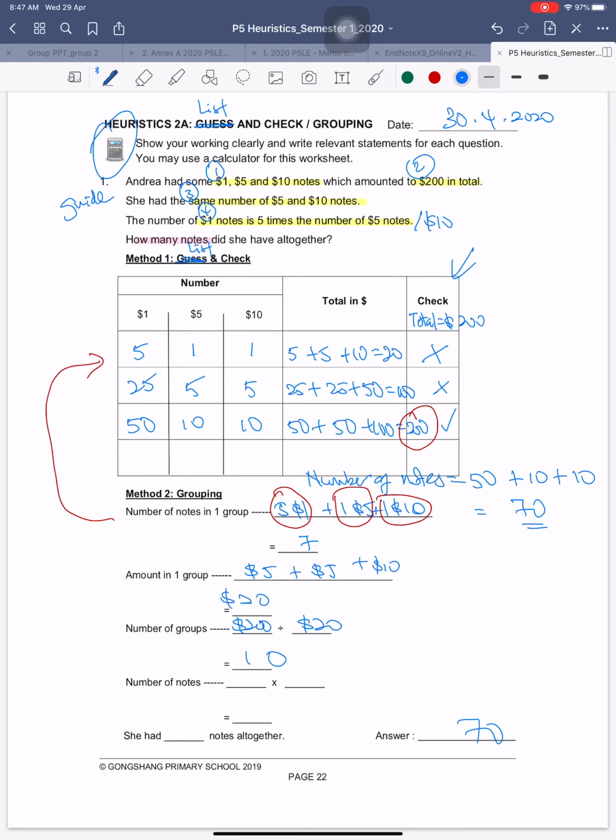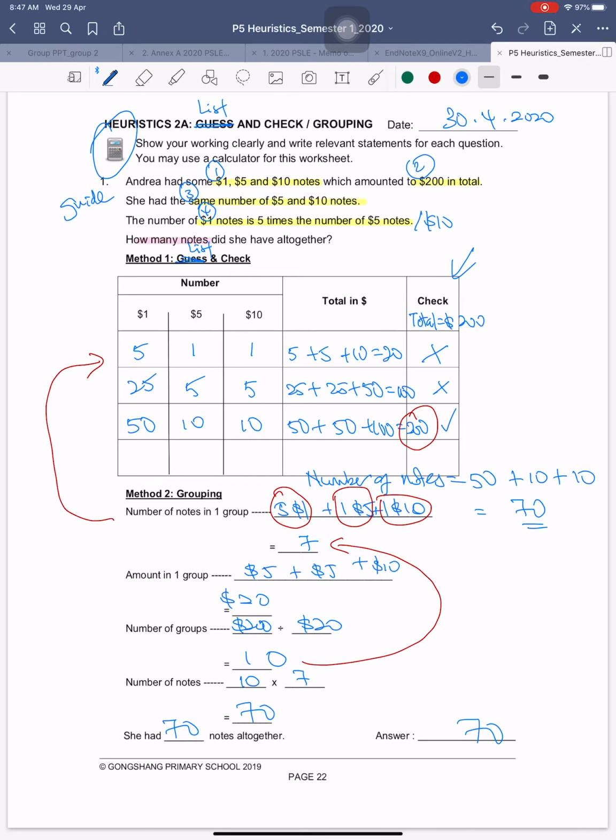Remember, in each group there are 7 notes. So to know how many notes I have, 10 groups, and one group has 7, so 10 times 7, 70. So it's the same answer. She had 70 notes altogether.